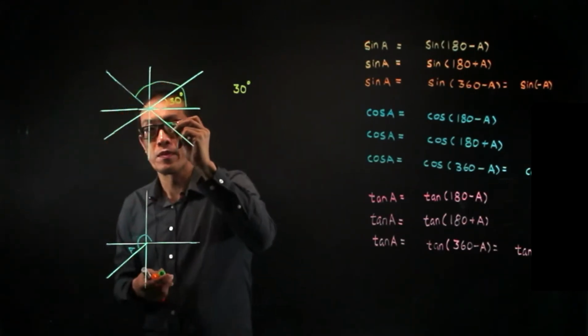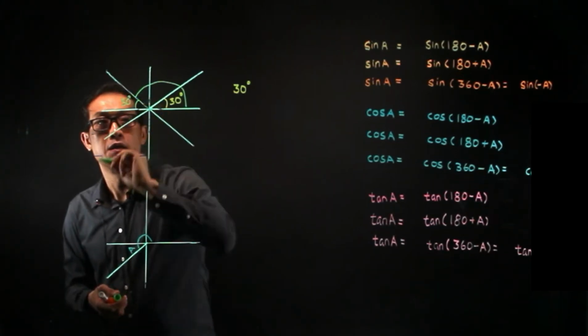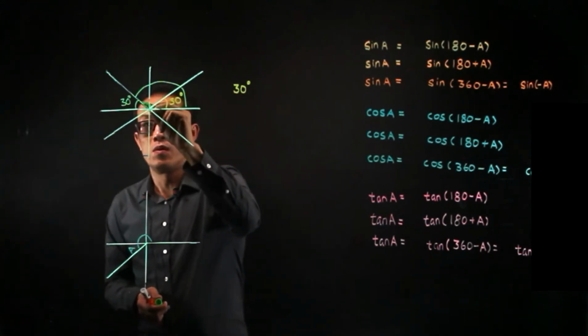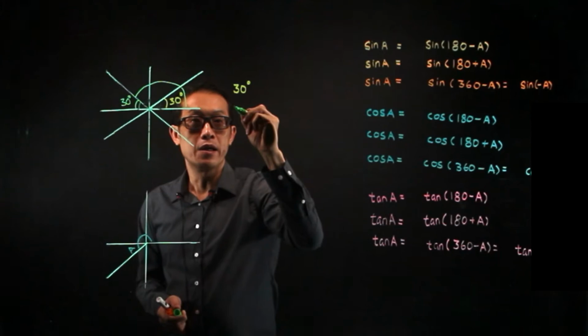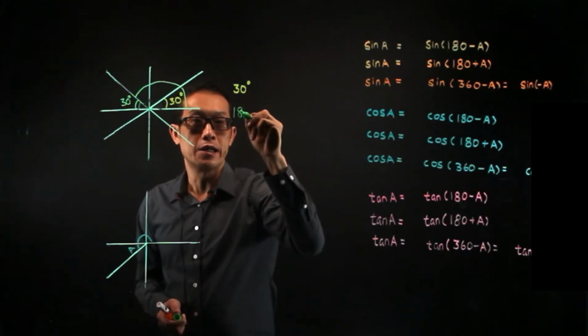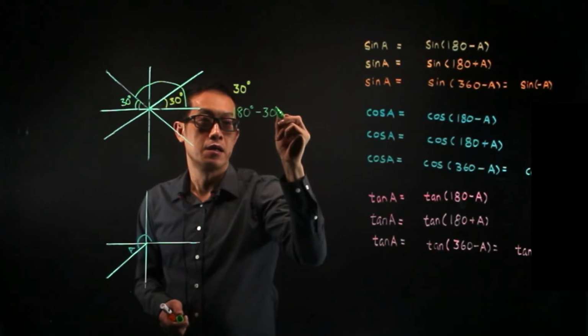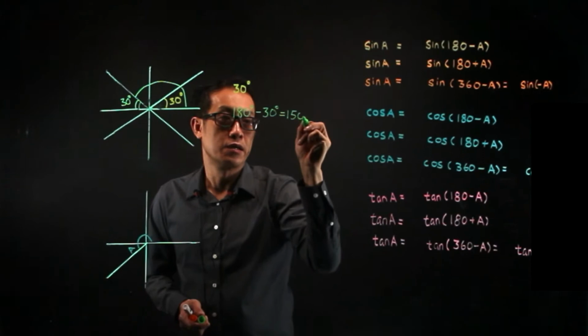Now this must also be 30. Then the other angle will be 180 minus 30. So I got 150.